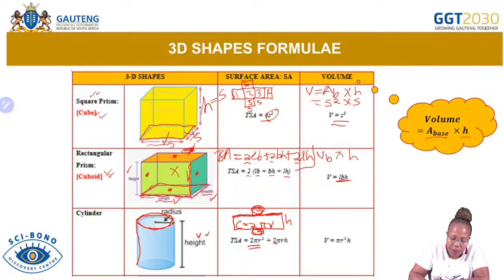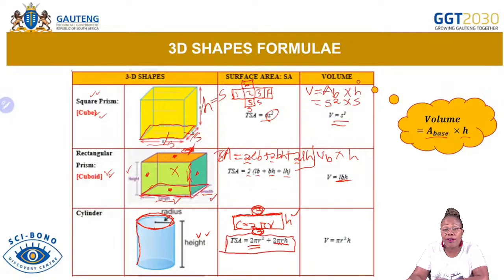The length will be 2 pi r multiplied by the height. So we end up with 2 pi r h for that particular part. That means the total surface area for a cylinder container will be 2 pi r squared plus 2 pi r h. That is the original equation that you'll be using for the total surface area of a cylinder.